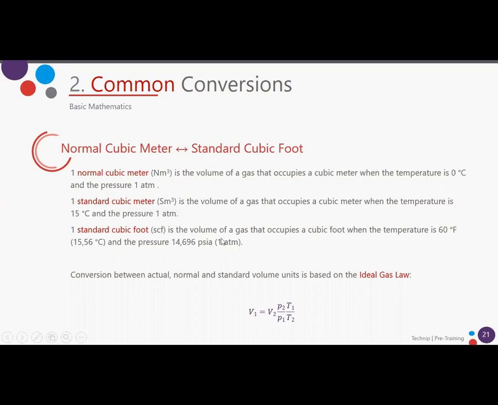And converting between these three, or also converting absolute volume flows to one of these three units, the conversion is based on the ideal gas law, which is this formula, okay?